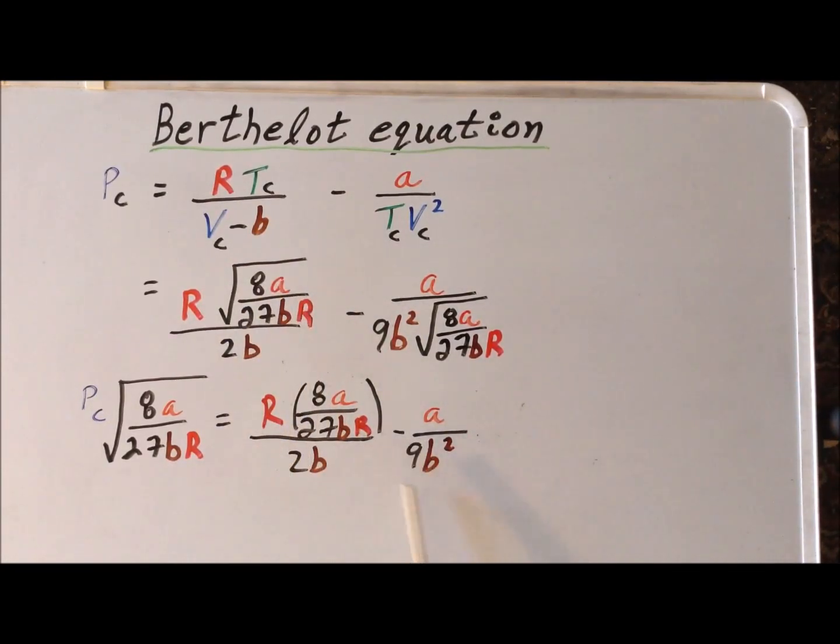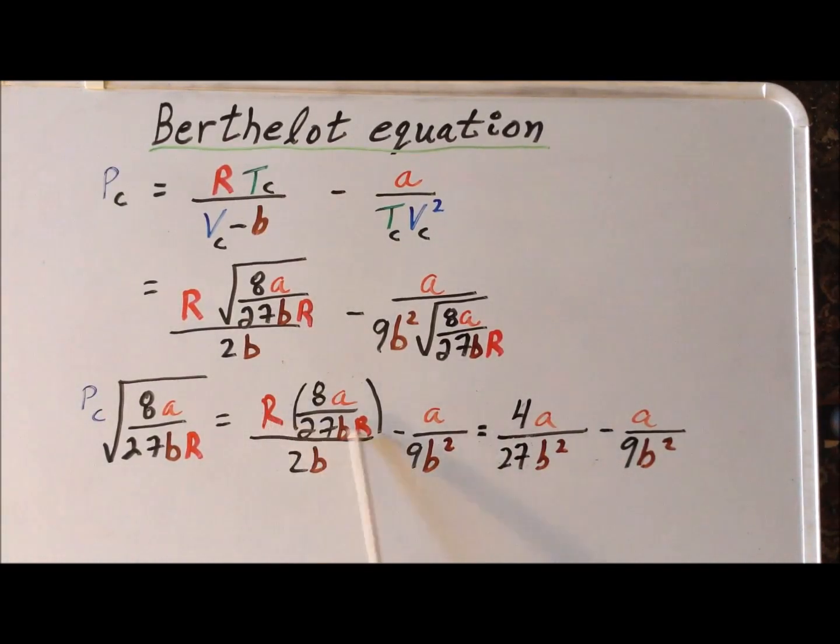So now we've removed the radical from this particular expression in the denominator. And the square root here has now become 8a over 27br, not the square root. So we have a square root at the left, but we've removed the square roots from the right-hand side. And we shall see that we can simplify the expression on the right-hand side a little bit more.